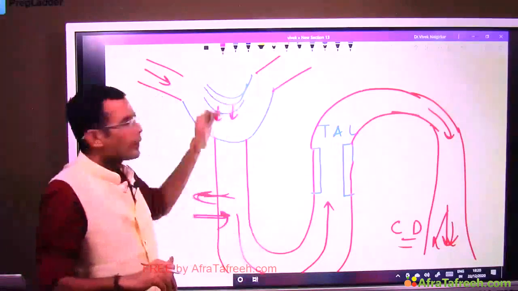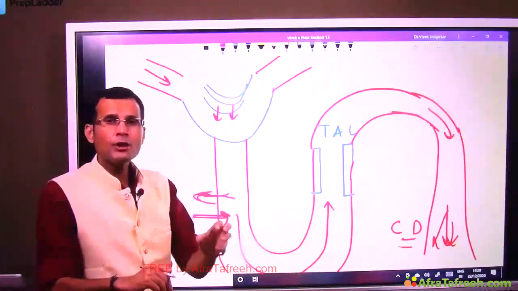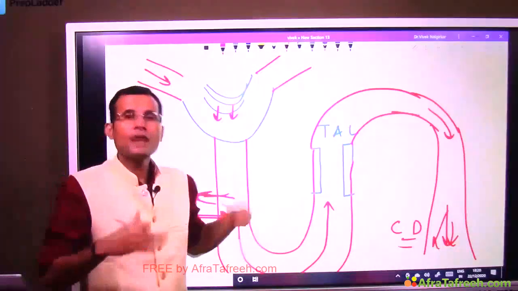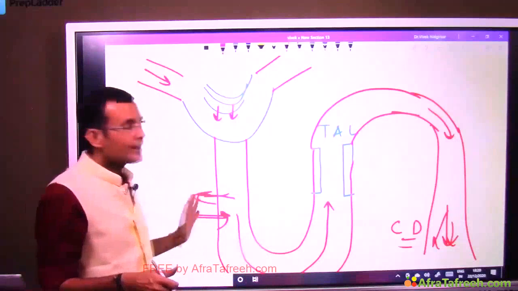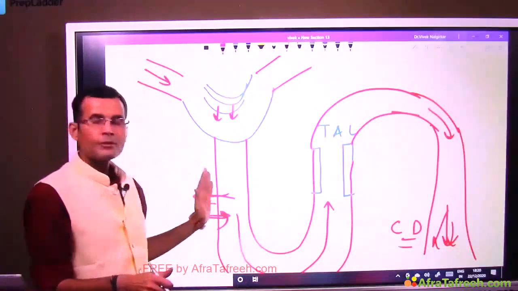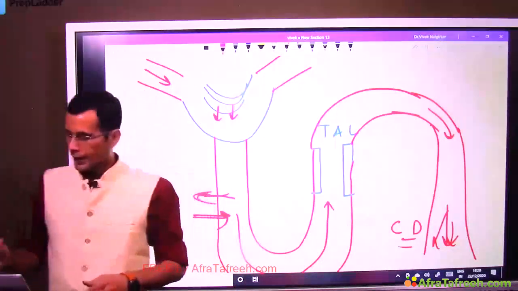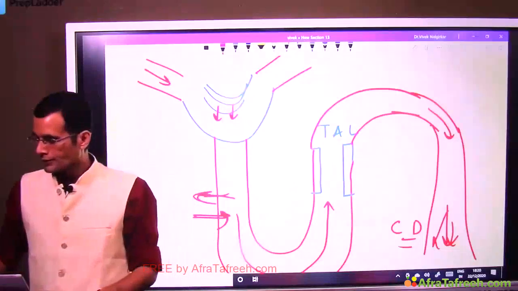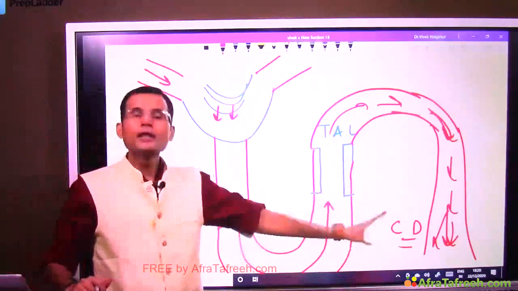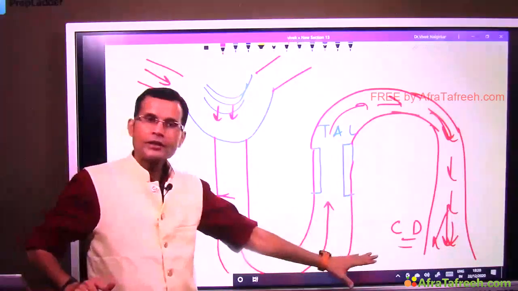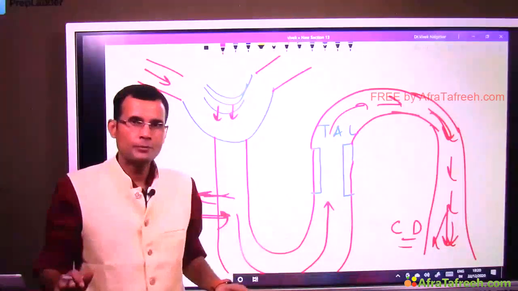Look, glomerular filtration cannot remove the substance entirely. So we have secretion. Substances will be secreted into the tubules. And all of this will go on happening in different parts of the nephron. Final processing will happen in the collecting duct and the urine will be formed.